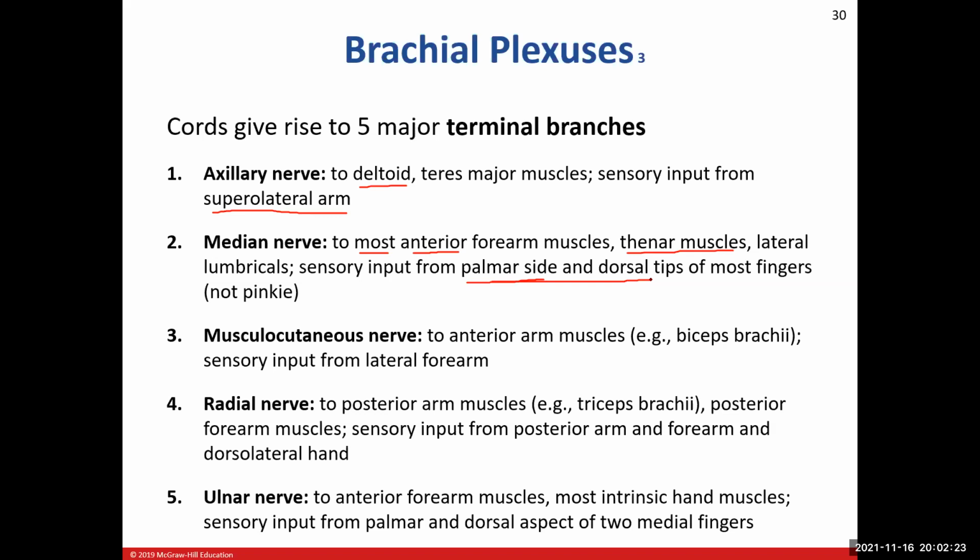Just kind of a side note, the median nerve is the nerve that gets entrapped when you have carpal tunnel syndrome, because the median nerve travels through the carpal tunnel there. And so you'll start to see weakness in these muscles here, the thenar muscles, all right? Not just those particularly, but also the lumbricals.